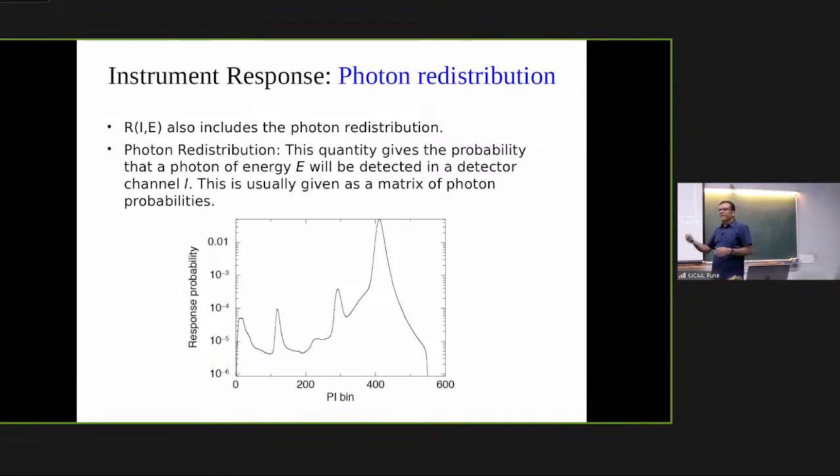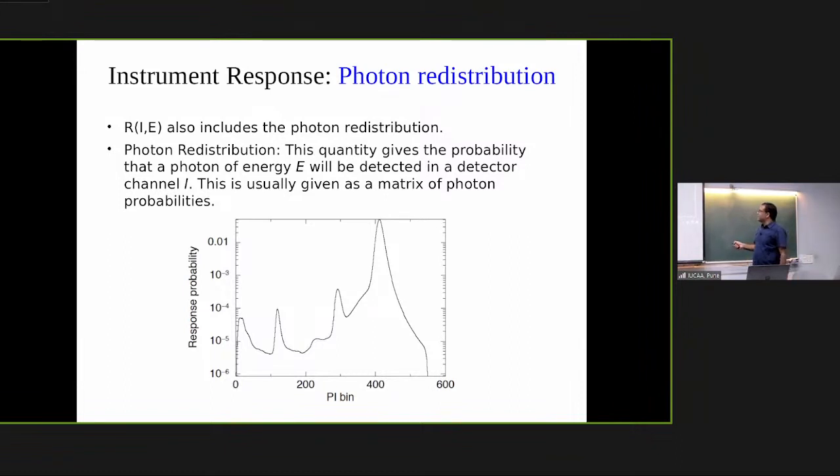Then this is the channel and this is the energy, and you have a spectrum, no complexity. But because of this, photons of single energy are getting distributed over a large number of channels with a complicated distribution. This makes the life of X-ray astronomers very complex, and this makes X-ray spectroscopy very difficult.